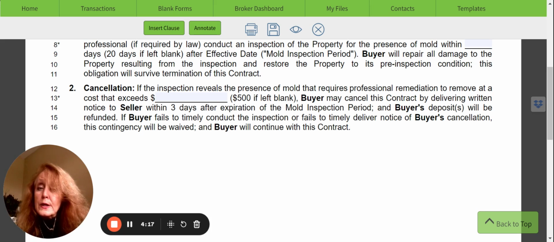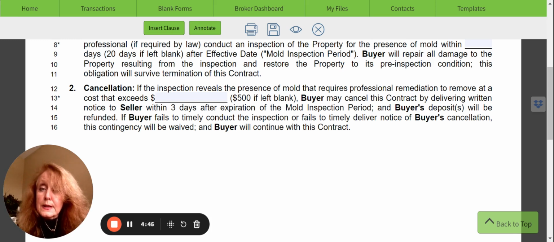So the buyer can cancel the contract by delivering written notice to the seller within 3 days after the expiration of that period. So within days 20 to 23, the buyer has to give them written notice to cancel. The notice must be in writing.